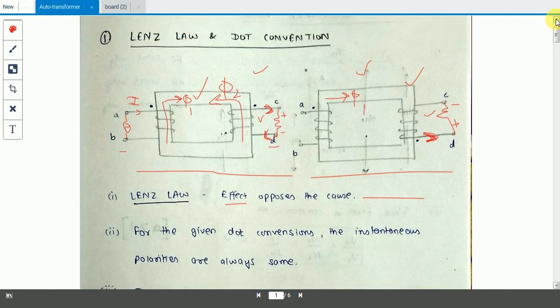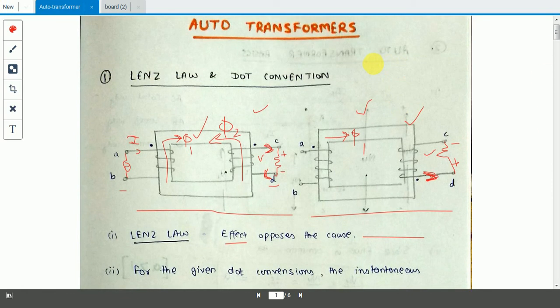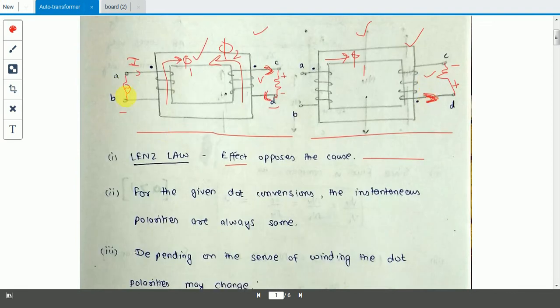And one more thing, like in network theory also you might have studied, if these are two inductors, and there's a dot convention here, and a current is flowing. If this is plus polarity at a particular instant of time, the polarity at this particular dot will be the same at the other dot, with the principle of mutual induction. See here the polarity of the dot was plus.